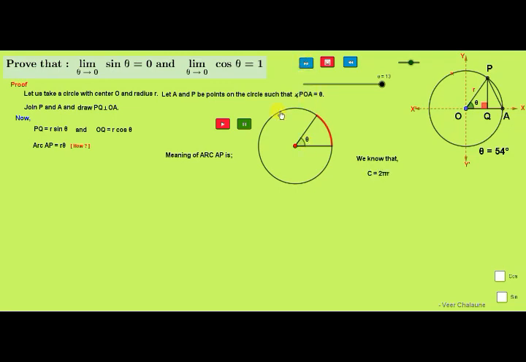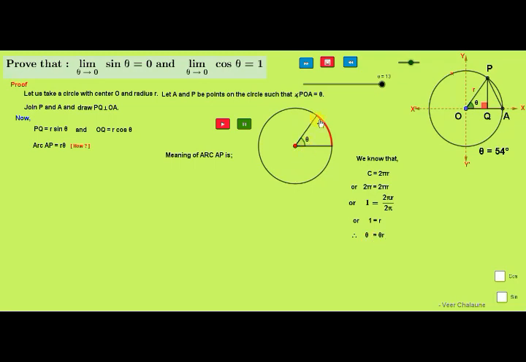Now let's see. We know that the circumference means 2 pi r, and the whole circle means 2 pi, that is 360 degrees. If we want to calculate for 1, we need to divide 2 pi r by 2 pi, then we get its value as r. Then for angle theta, after multiplying theta and r, we get theta r.